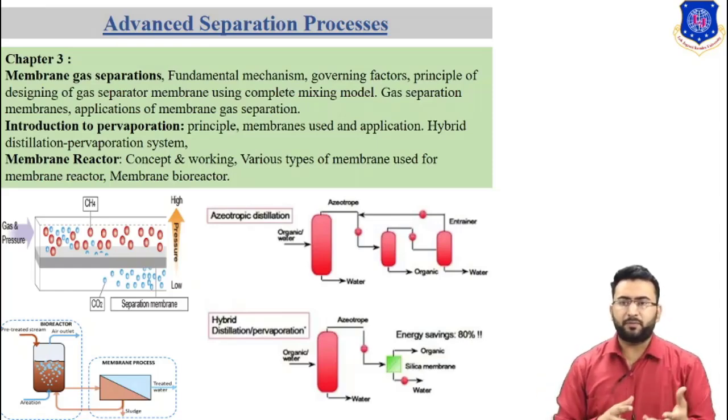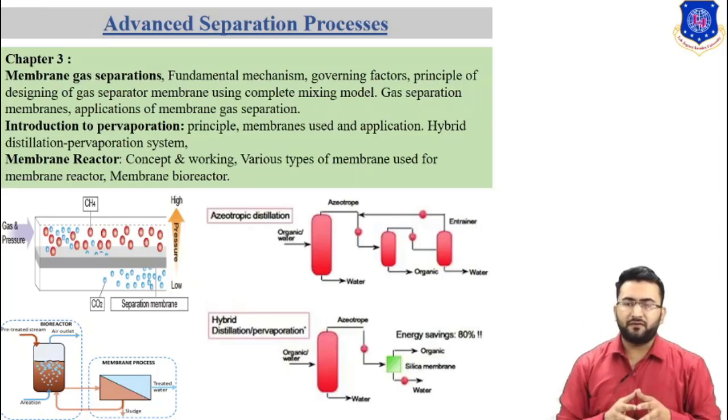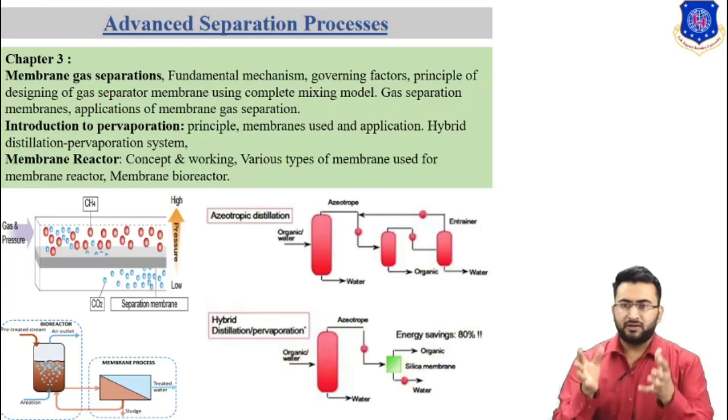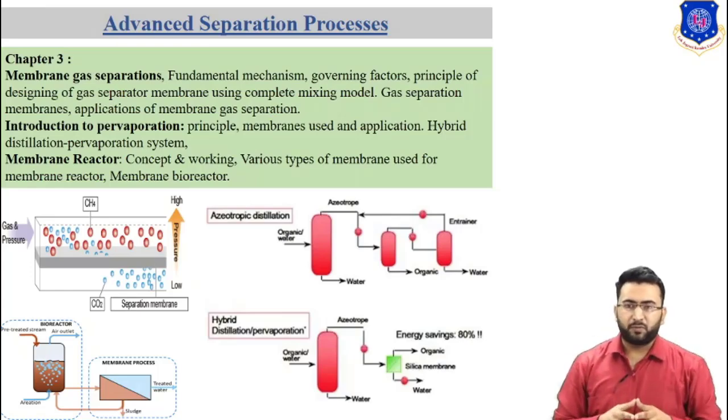If we want to separate this mixture, we require a distillation column, and if we separate this mixture using simple distillation, we cannot achieve a good amount of ethanol because it forms an azeotrope. But if we replace the condenser of that distillation column with a pervaporation unit, we can get 99.98% pure ethanol. So we can replace various processes with this pervaporation technique.